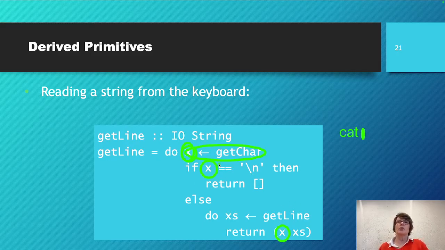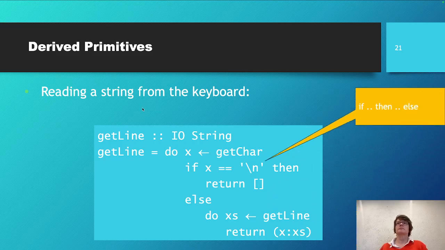It gets out of it when x is equal to \n, and when that happens, you are putting XS being returned is actually going to give you the empty list, so that goes at the end here, and you're left with a string or a list of characters, and that will do that for you. It will return a string for you. We're just using the if then else there.